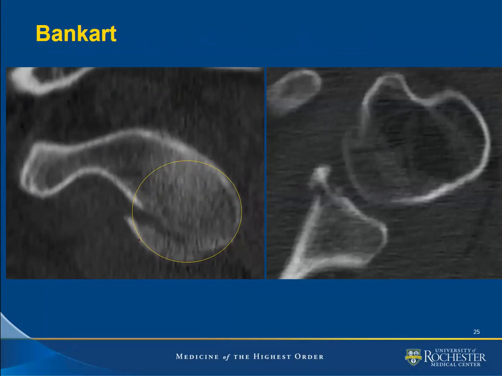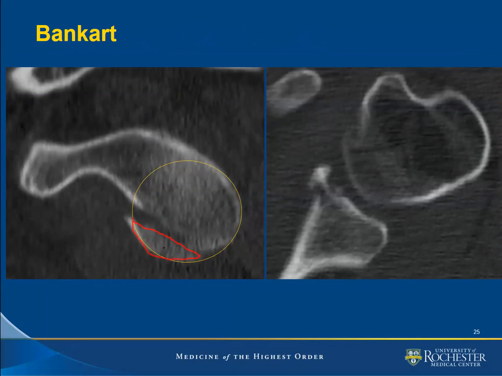When looking at bony Bankart defects, it's important to understand that you're looking for how much of the glenoid bone stock is being lost from this bony Bankart abnormality. The way to assess this is you create a best fit circle to the lower half of the glenoid, and then you see what percentage of that cross-sectional area is taken up by this bony Bankart fracture.